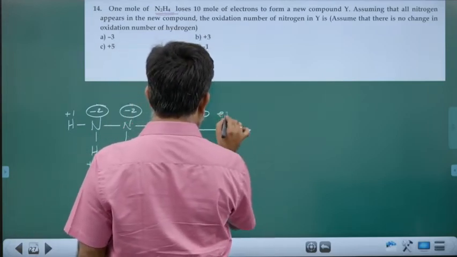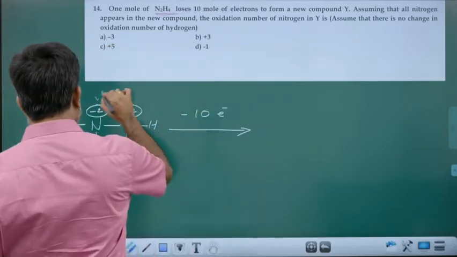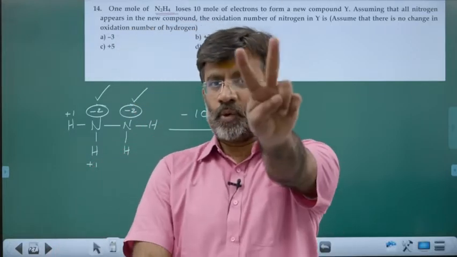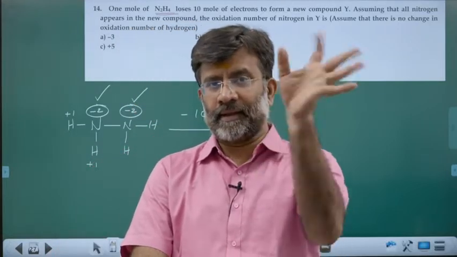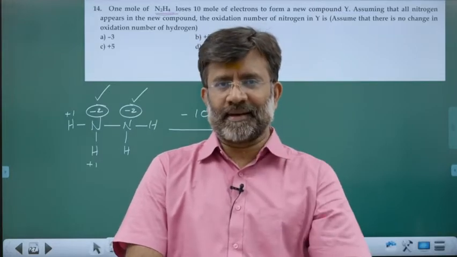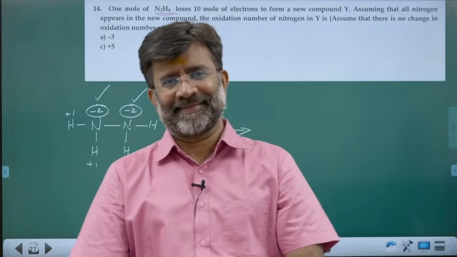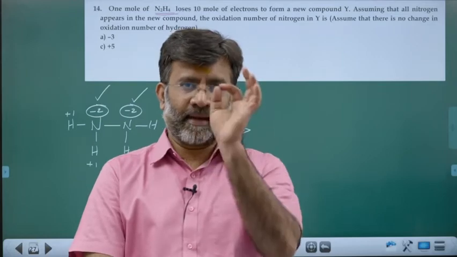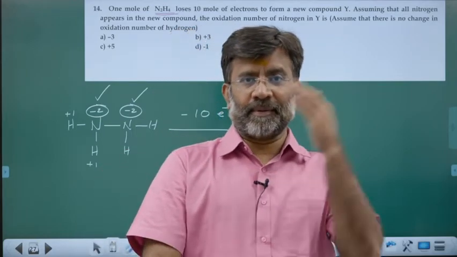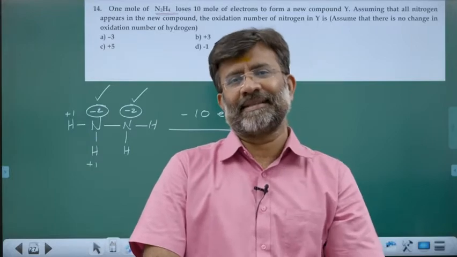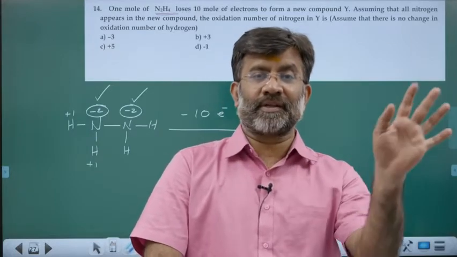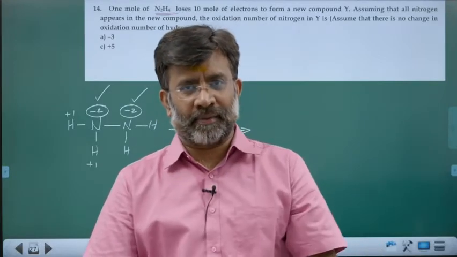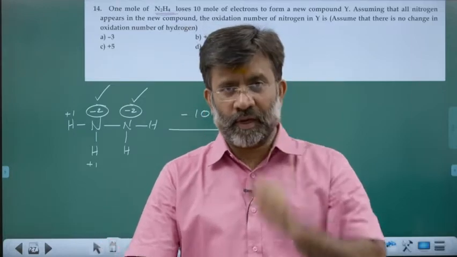That means 2 nitrogen loses 10 electrons, so 1 nitrogen loses 5 electrons. And in the product side, nitrogen is in one state. There is no change in oxidation number of hydrogen.